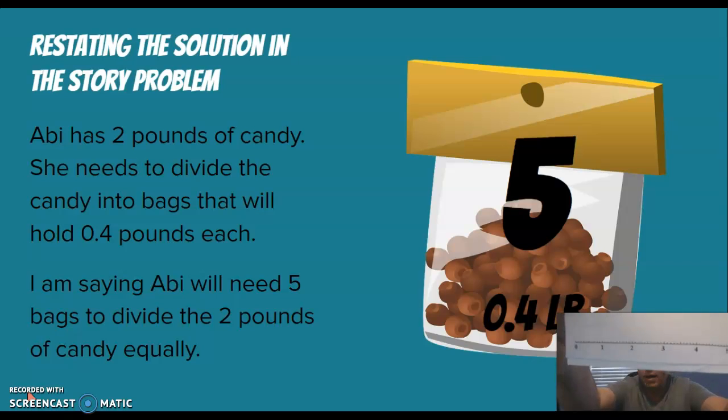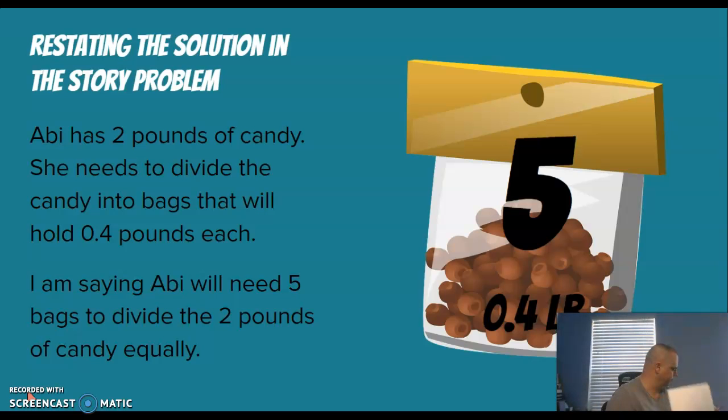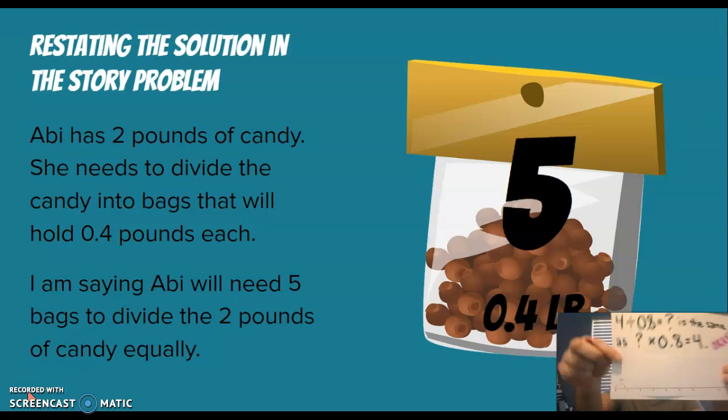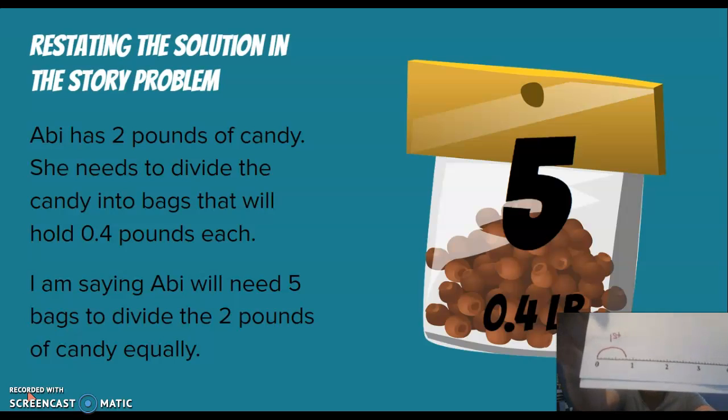So my first hop of 8/10. So this is my first one. You'll notice in my picture that I've gone from 0 to 8/10.